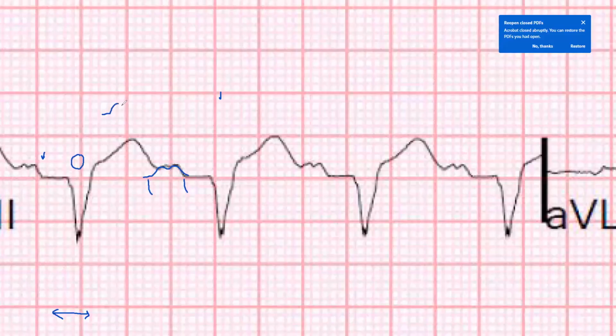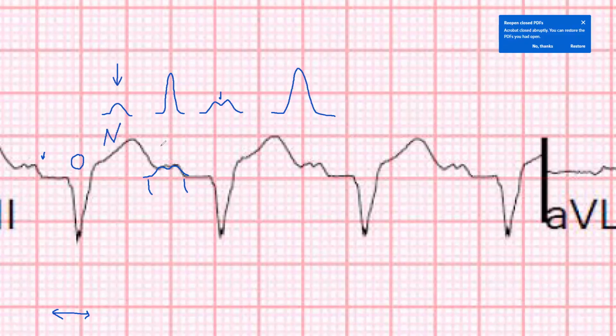That's a normal P wave, but the duration is okay. Here the duration is longer, notched, wider and tall. That's normal.